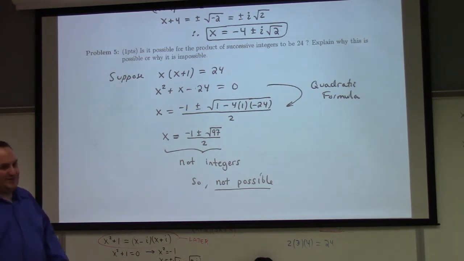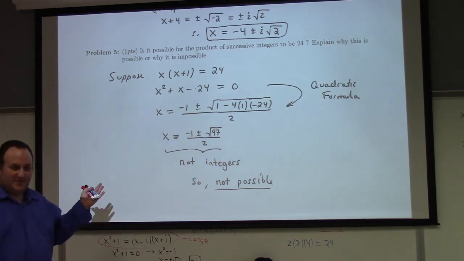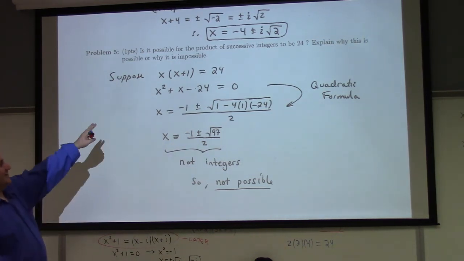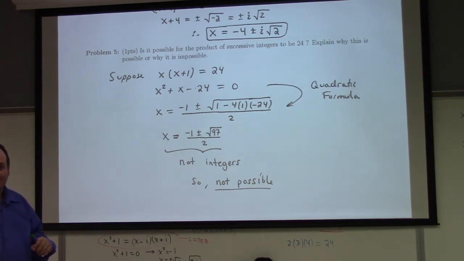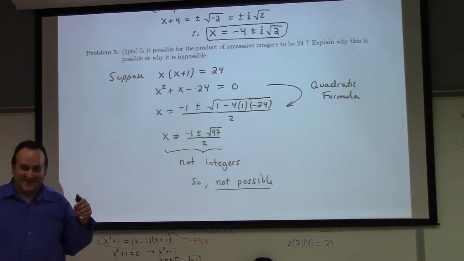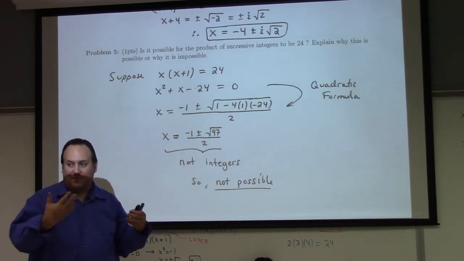Yeah, this is my misfortune. But here's my larger misfortune: many of you got complete credit for this. But what did you write? Did you write this quadratic equation? You did not. You wrote a couple of sentences, and you told me about factors of 24.